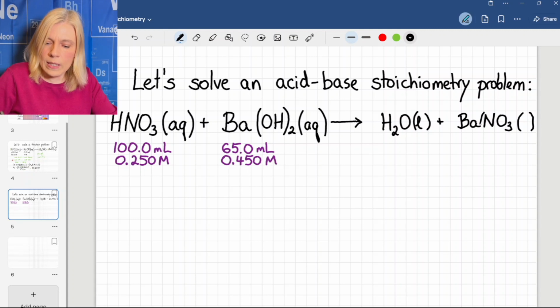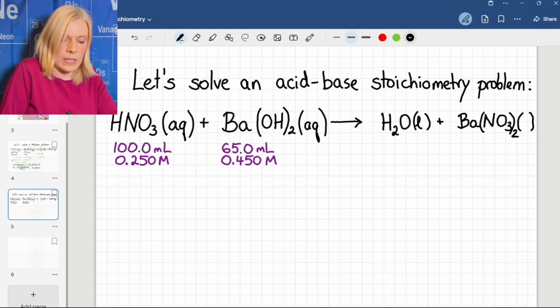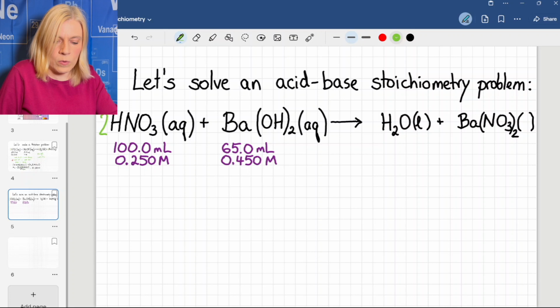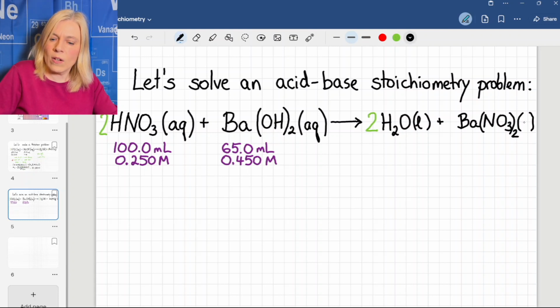So I need 2 over here, yes? And now I can balance my reaction. I will need 2 of this, and then I'm going to make 2 waters. And I'm going to use 1 barium, 2 nitrates. And I look at my solubility rules, and nitrates are always aq.